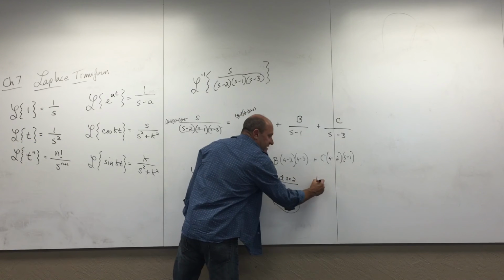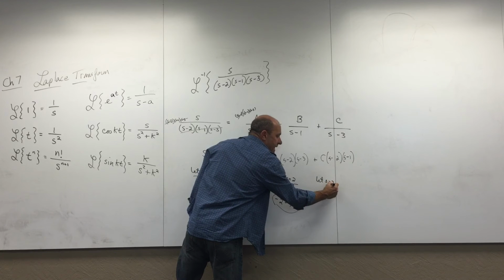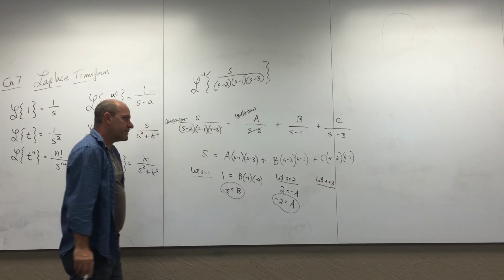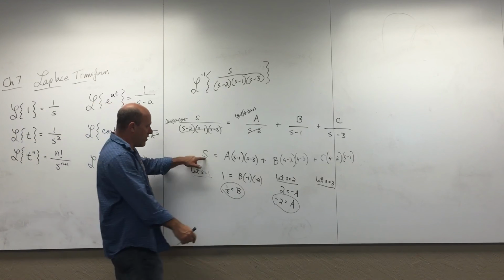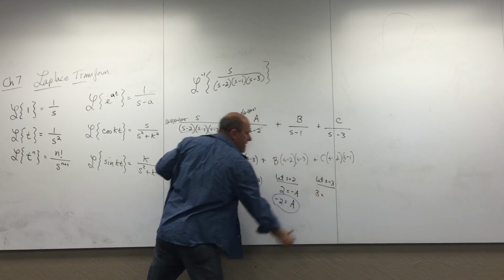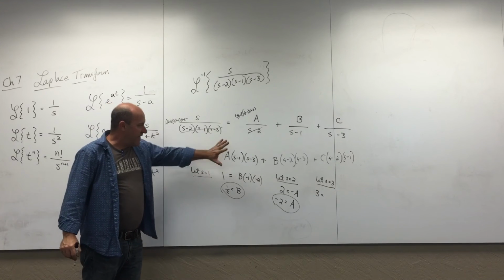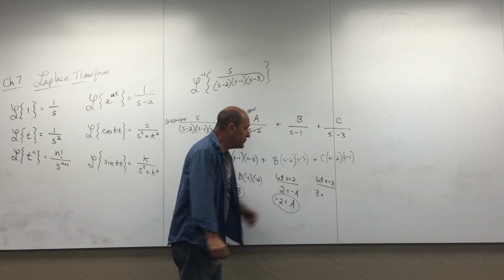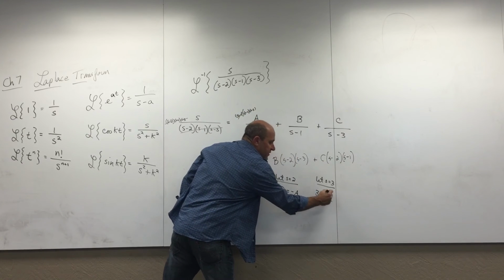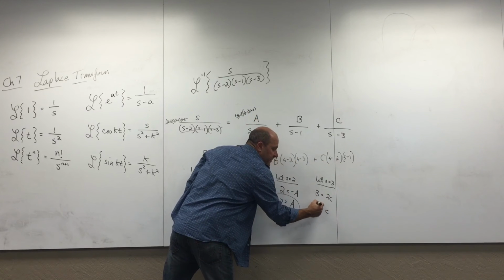Finally, I think we should let s be 3. When you let s be 3, that means it's a 3 on this side. And then over here, that's 0, that's 0, that's a 1, that's a 2, that's a 2C. If you divide by 2, C is 3/2.